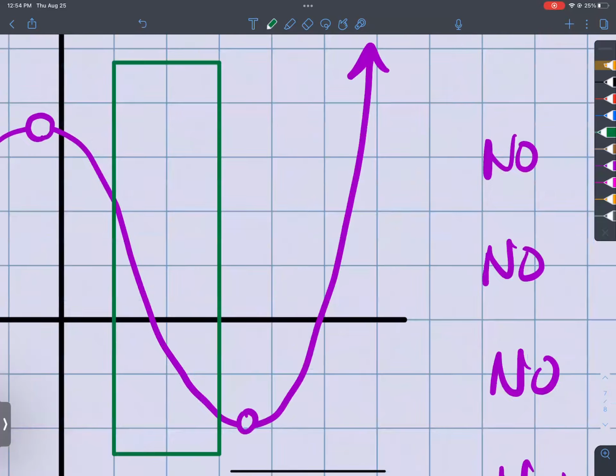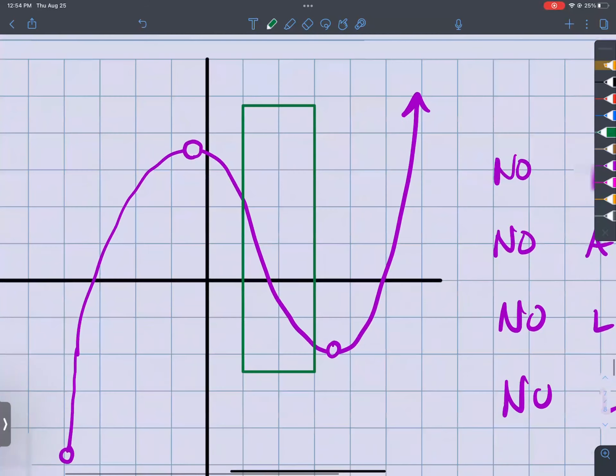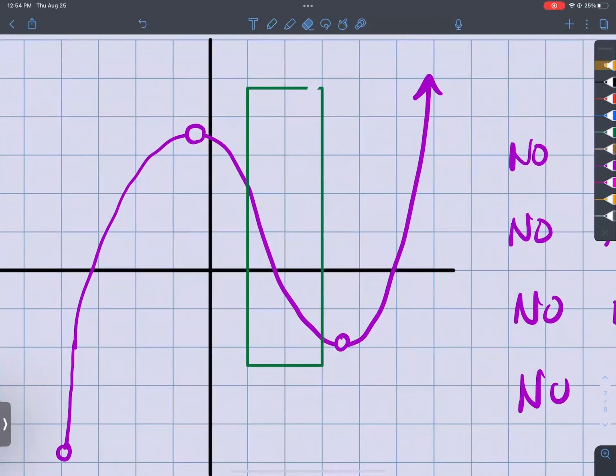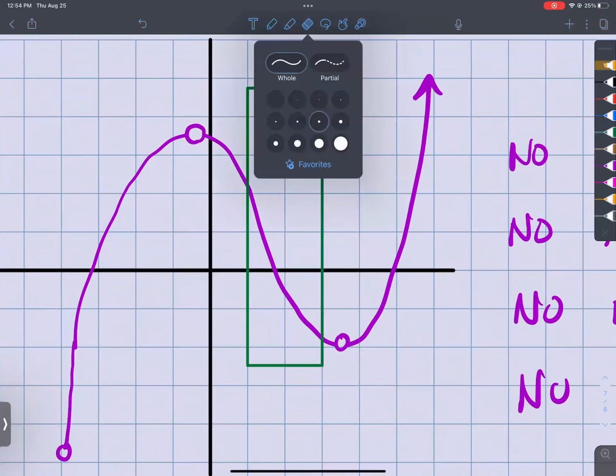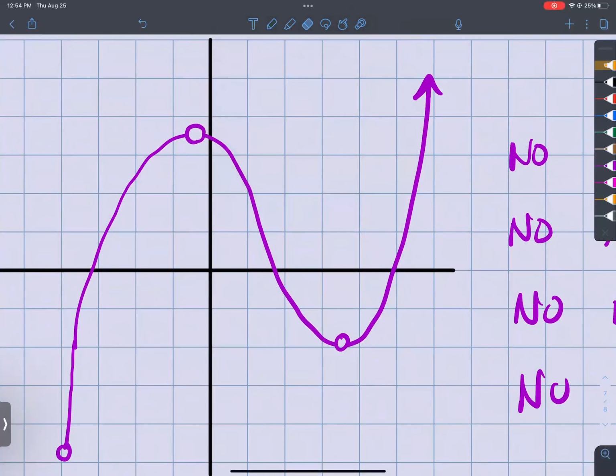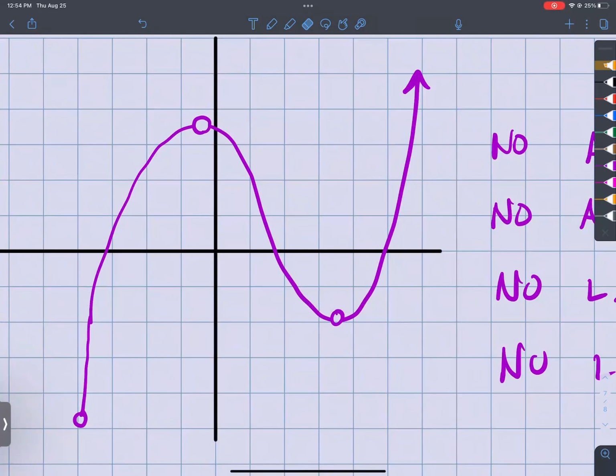In the green? In the whole thing? Oh, sheets. It does. But the problem is that there's nothing here. It's open. Where it's supposed to be, it's not there. It's supposed to be right here, psych, right?